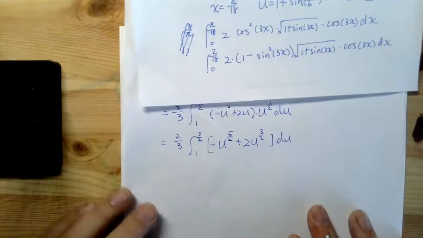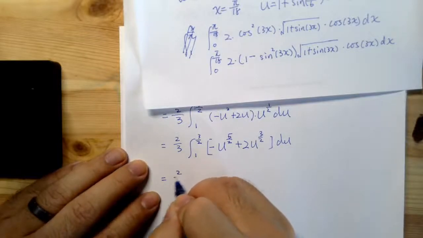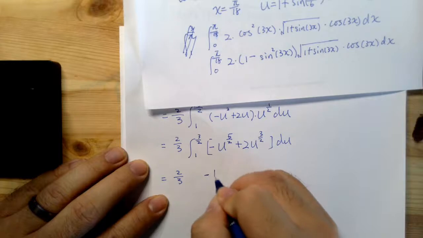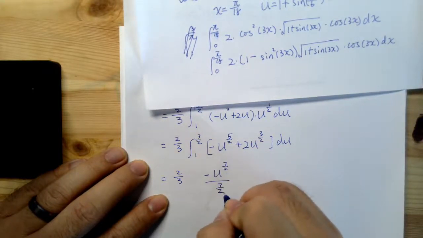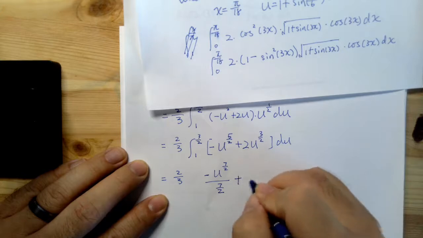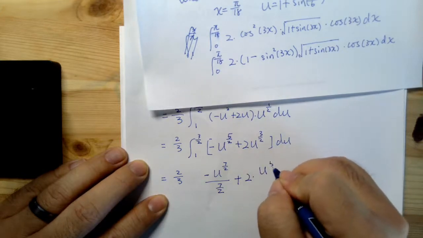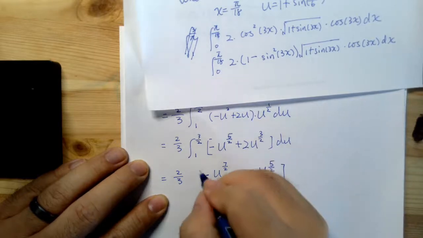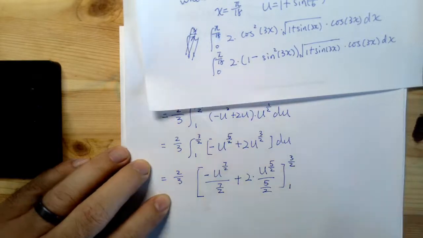It turns out after here things are going to be very, very straightforward. So you integrate this as negative u to the power of 7 over 2 over 7 over 2, right? And then plus 2 times u to the power of 5 over 2 over 5 over 2, and then evaluate it from 1 to 3 over 2.